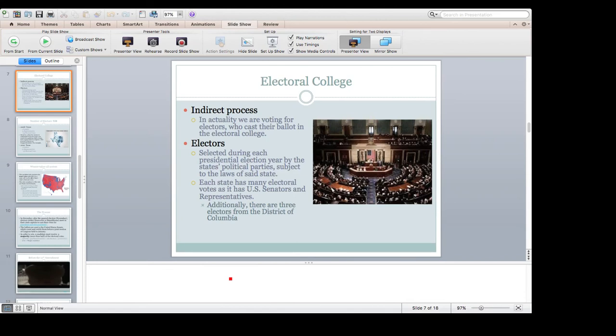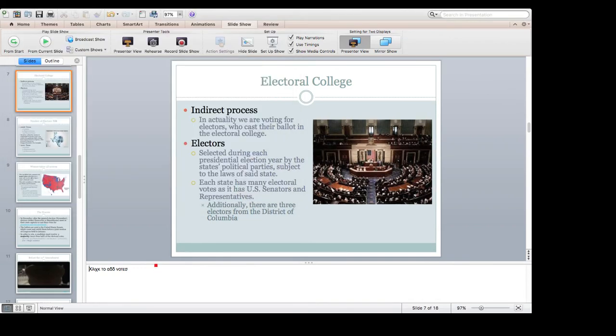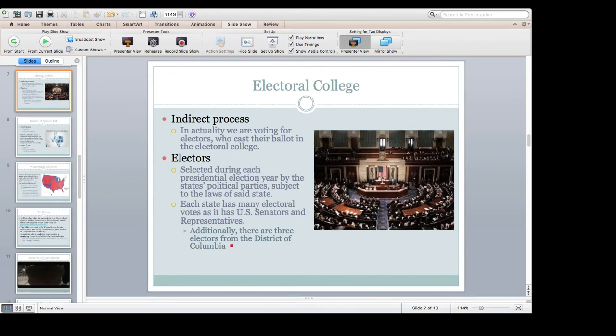So we have, let's see, U.S. senators, oops. We have a total of 435 representatives.